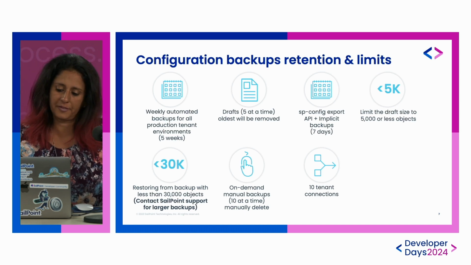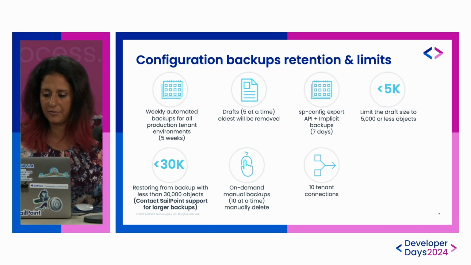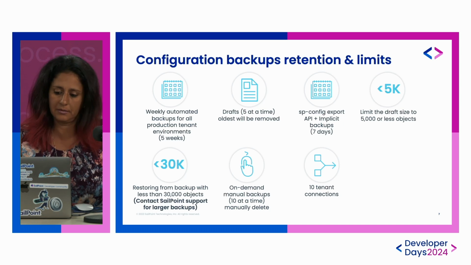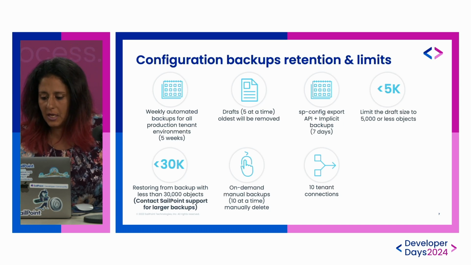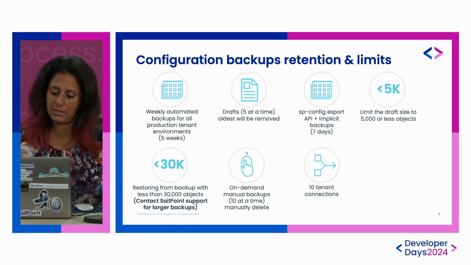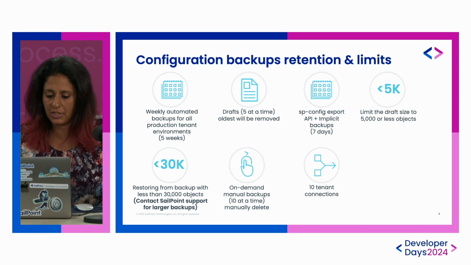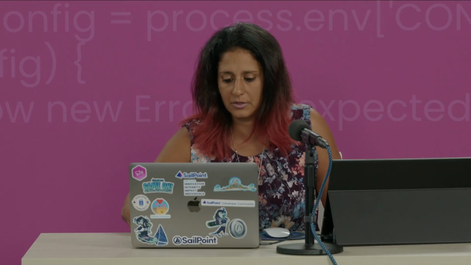Drafts, we can create up to 5 drafts at a time. The latest draft will be removed when a new draft is created. Tenant connections, create up to 10 tenant connections, and then there are some limits on the sizing of the drafts and backups that can be used, as you can see here.